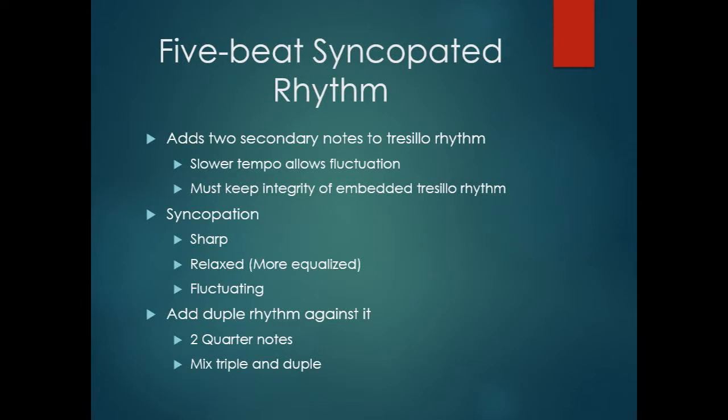So we can also slow the tempo and have more control. We can fluctuate the rhythm a little bit in slower tempos. So this is a triple-based rhythm. A lot of times in African and Caribbean music, they'll mix triple and duple.